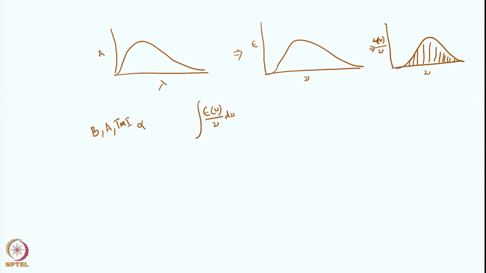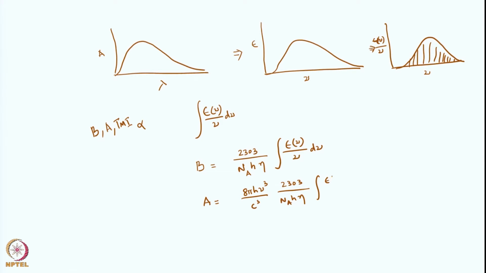I will write down the exact equation. So, B equals 2303 divided by Na h eta integral epsilon of nu by nu d nu, and A will be equal to 8 pi h nu cube by c cube times 2303 by Na h eta integral epsilon of nu by nu d nu.